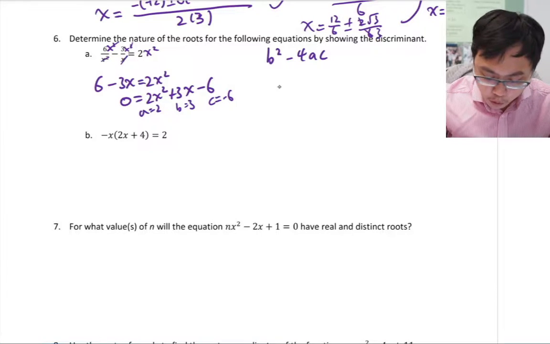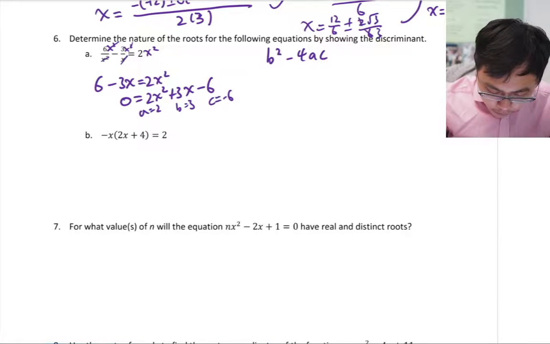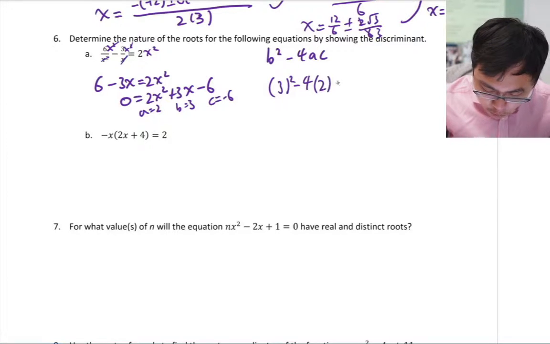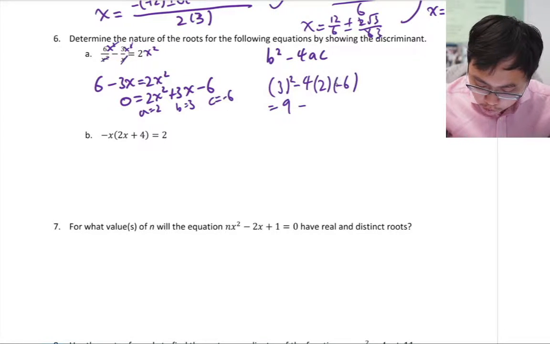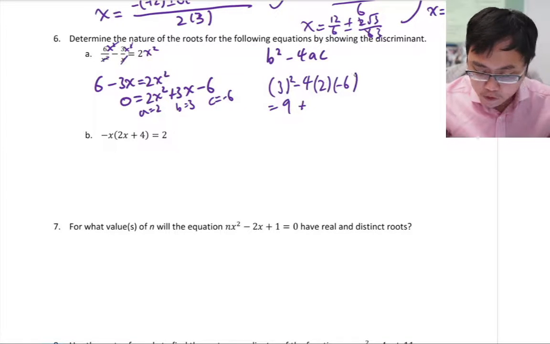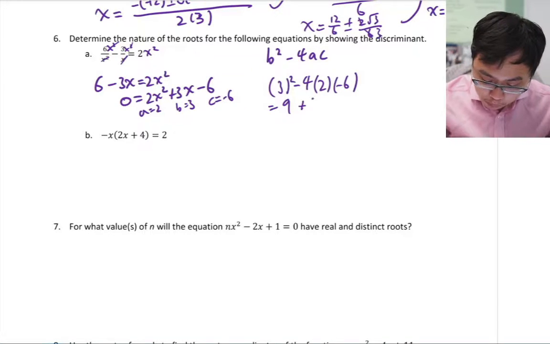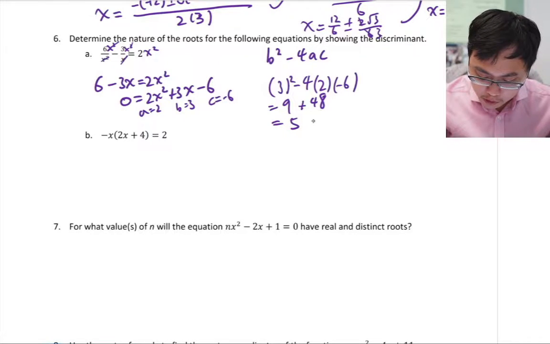So let's put that into our discriminant. b squared, so that's 3 squared minus 4 times 2 times negative 6. That is equal to 9 plus, that's 8 times 6, and 8 times 6 is 48. So plus 48, and so the answer is equal to 57.